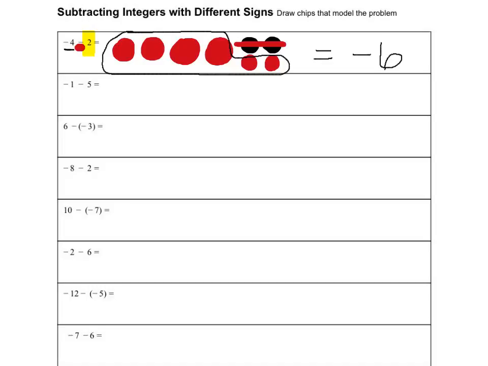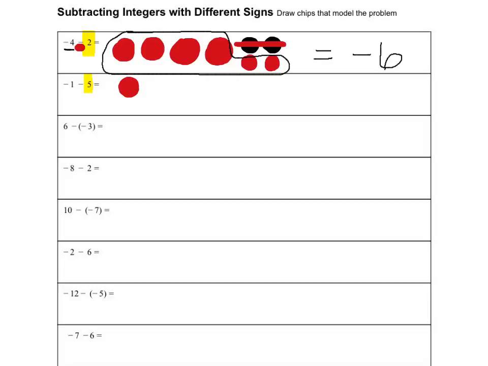-1 minus 5. Again, -1, I need to start by having a negative chip on the board. I need to be able to take away 5, but that 5 is positive. So I need to somehow get 5 positive chips on my board.